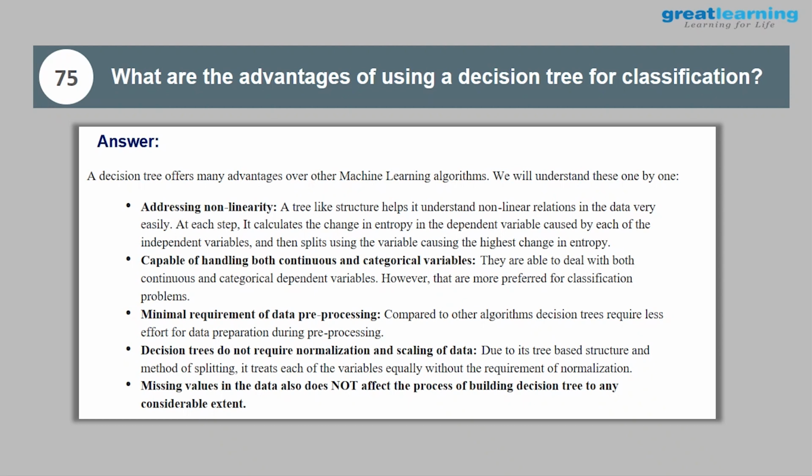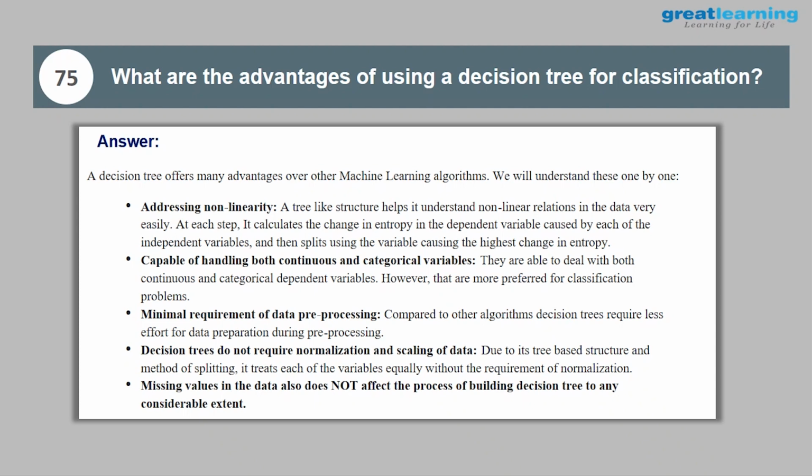Now comes being capable of handling both continuous and categorical variables. They are able to deal with both continuous and categorical dependent variables. However, they are more preferred for classification problems. Minimal requirement of data preprocessing: compared to other algorithms, decision trees require less effort for data preparation during preprocessing.